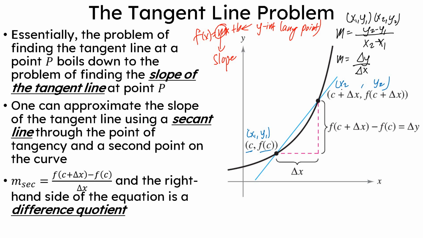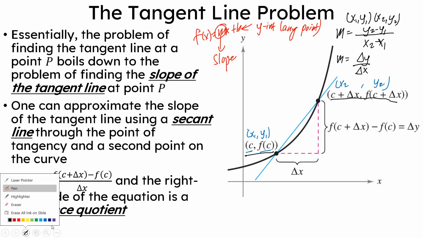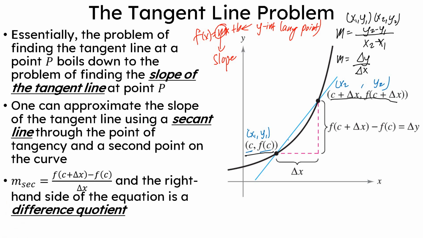With that in mind, if we replace these coordinates in the formula for the slope, we get the slope of the secant line.